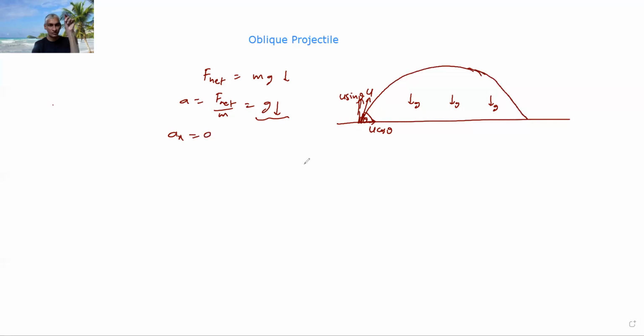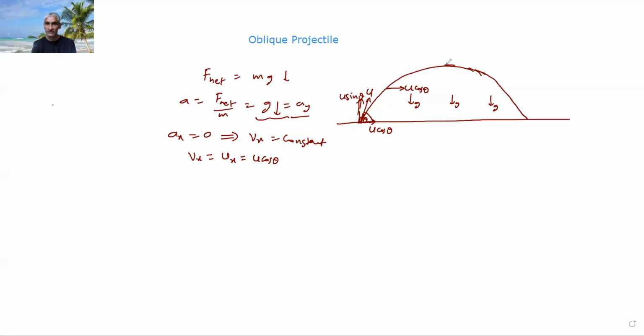Because acceleration is purely in the downward direction. I may call it ay also. Acceleration is ay only. So ax is 0. This implies Vx is constant. Velocity in the x direction is constant. So now I can write Vx is nothing but Ux, which is u cos theta. So at any point, the velocity in the horizontal direction is u cos theta only.